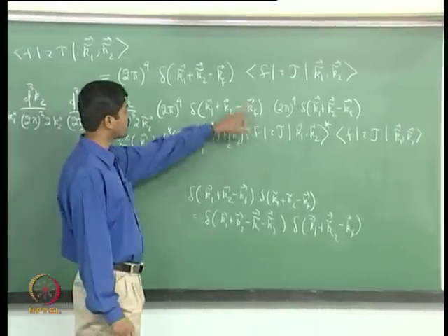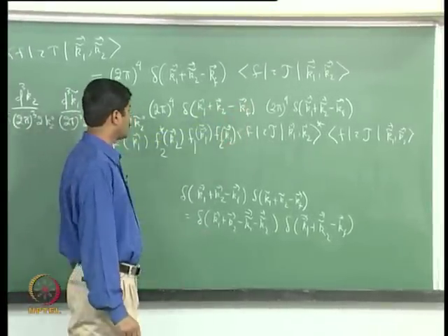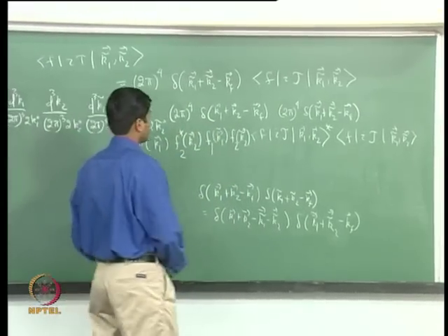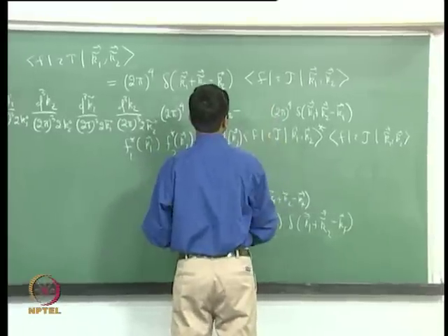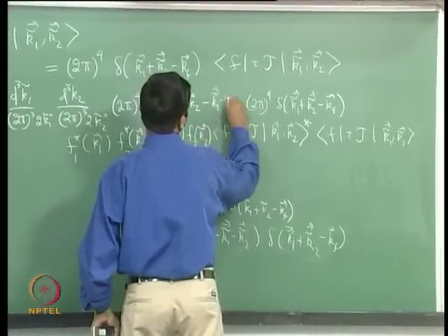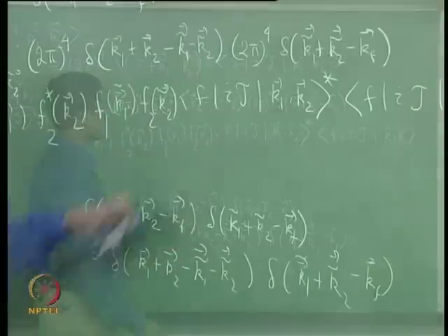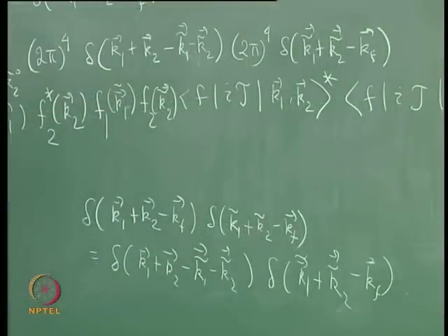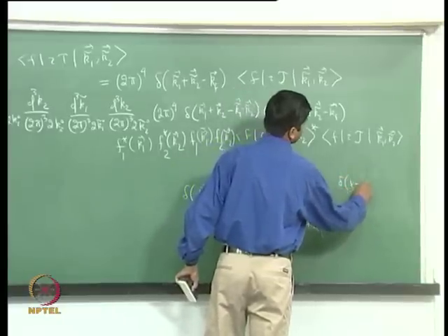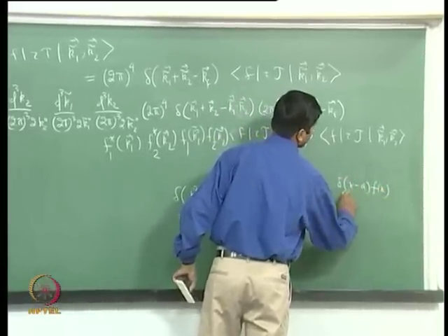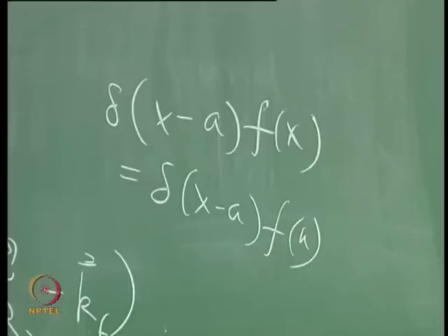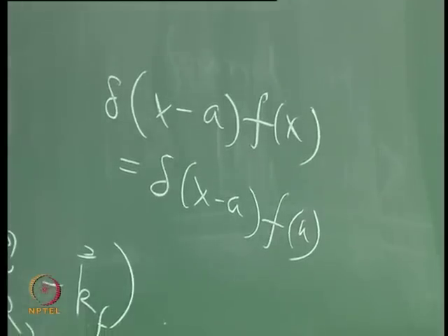So, we will use this form here. Therefore, instead of this I can simply write here this minus k1 tilde minus k2 tilde, and then the remaining part will go as it is. This is just delta of x minus a, f of x is basically delta of x minus a f of x. This is the formula that I have used here.